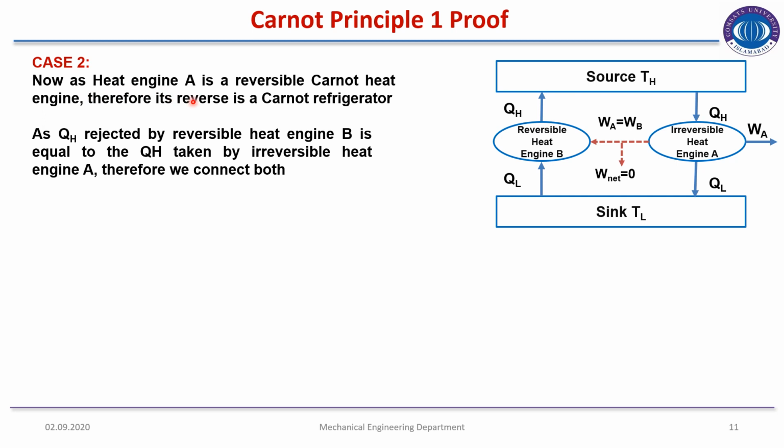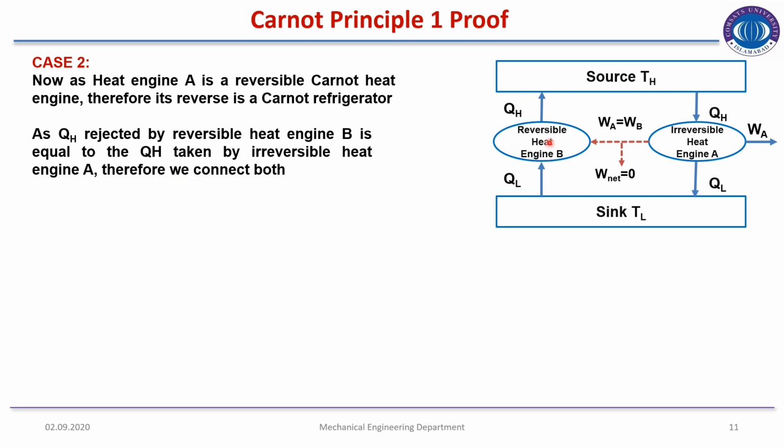Now as heat engine A is a reversible Carnot heat engine, it reverses to a Carnot refrigerator. I have already told you, QH, the amount of heat rejected by reversible heat engine B, is equal to QH taken by irreversible heat engine A.